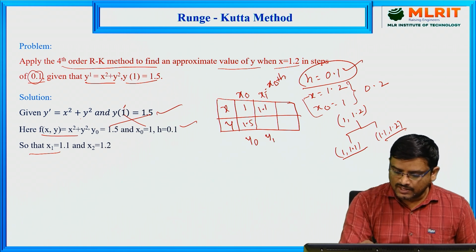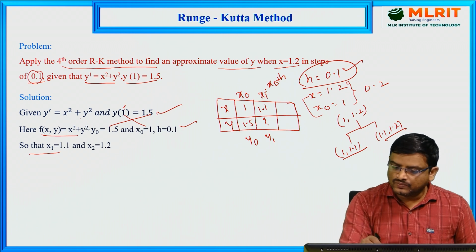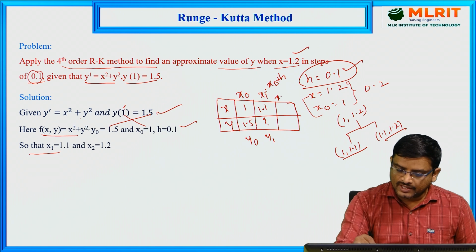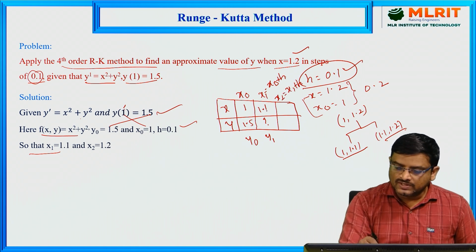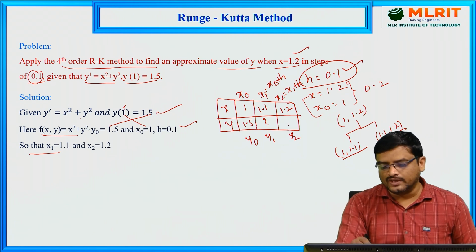At 1.1 we have to find the y1 value, and next we follow the same procedure until we get 1.2. So x2 is equal to x1 plus h. x1 is equal to 1.1, add 0.1, and you will get 1.2. At this x value we have to find the y value, which is represented as y2.